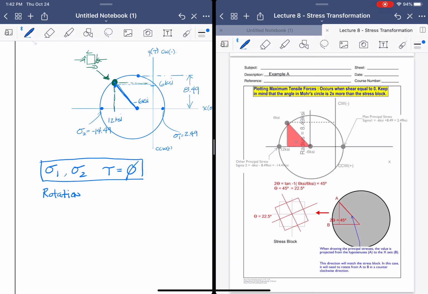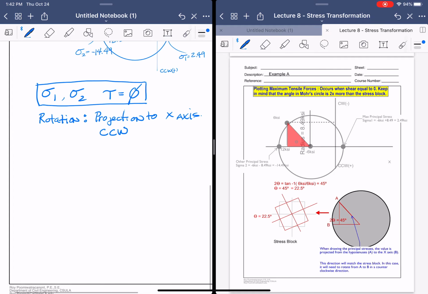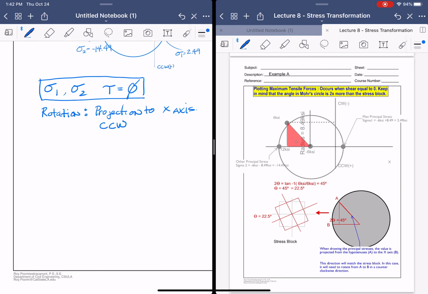Okay, so what that means is that if you take this hypotenuse and you project it onto the x-axis, that rotation is a counterclockwise rotation. So what that allows us to do is, if we have a block, right?